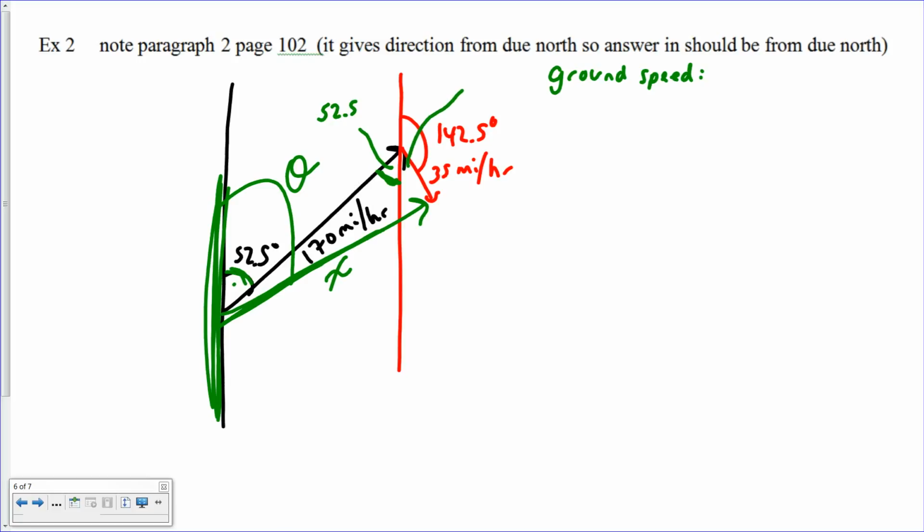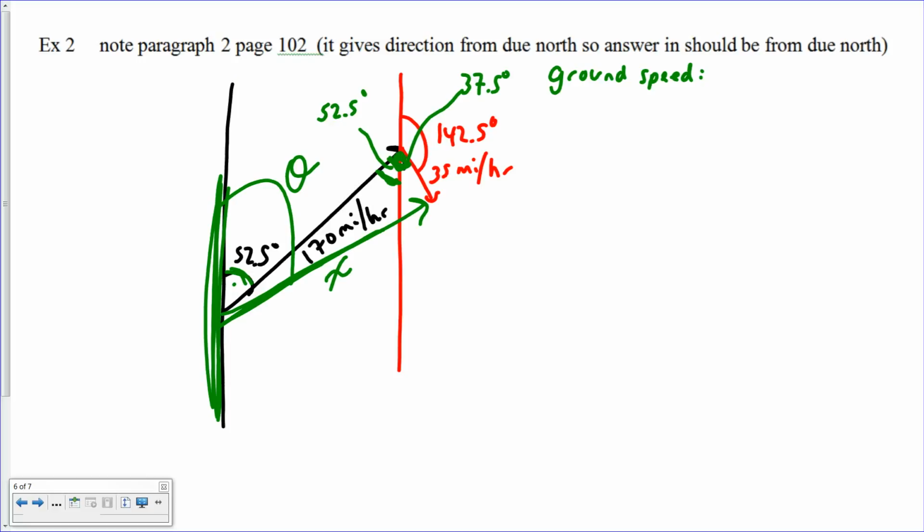They lie on the same line. So if this plus that angle equals 180, then that's got to be 37.5 degrees. Now I know this is 52.5, this is 37.5, which means if I add those together, that gives me 90 degrees. So now I know that this is a 90-degree angle. I've confirmed that that's 90 degrees.